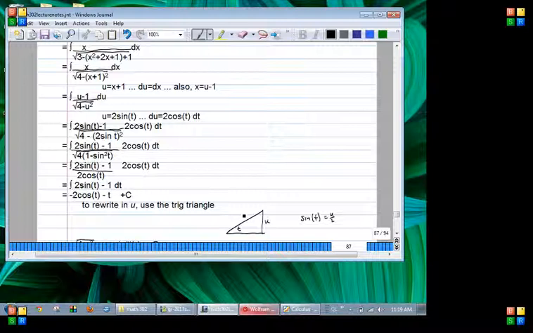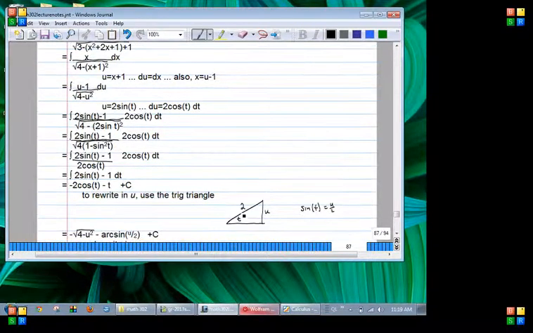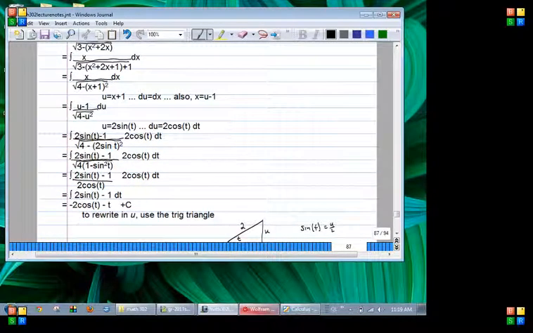There you go. And therefore, that final side would be the square root of 4 minus u squared. And we must have done something right, because that brings us back to the radical that we had in the u integral that we were doing. Okay.